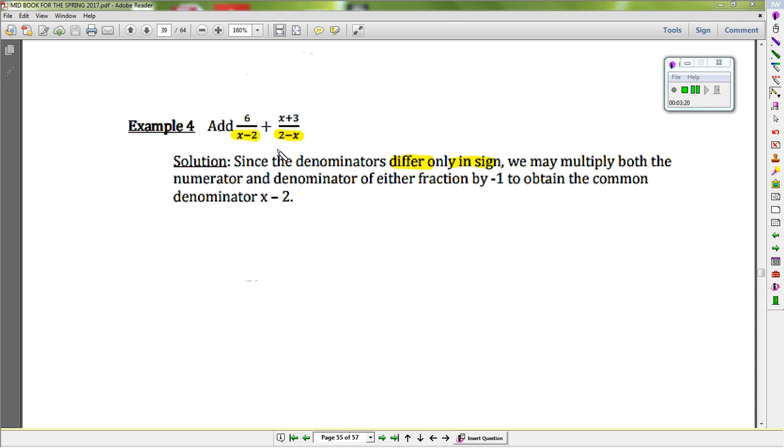So if we multiply 2 minus x by -1, think about it: if I multiply 2 minus x by -1, that will give us -2 plus x, or x minus 2, which is the same as the other denominator.